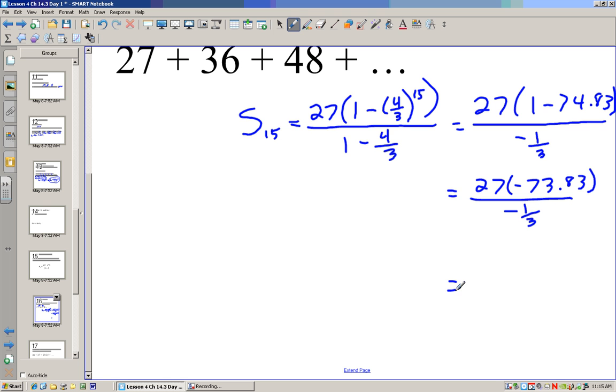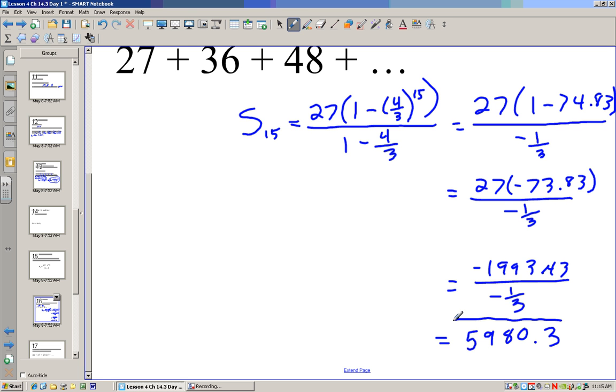And now multiply that numerator together. And then divide it by negative 1/3. And I'll get 5,980.3. So this is going to be the sum of the first 15 terms.